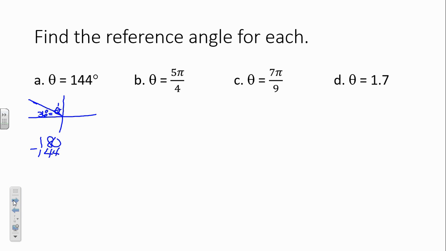So our reference angle, we know this is a 45 degree angle. Let's think about which quadrant we're in. So 1 pi over 4, 2 pi over 4, 3 pi over 4, 4 pi over 4, 5 pi over 4, right? So we are in quadrant 3. This is a 45 degree angle in the third quadrant.